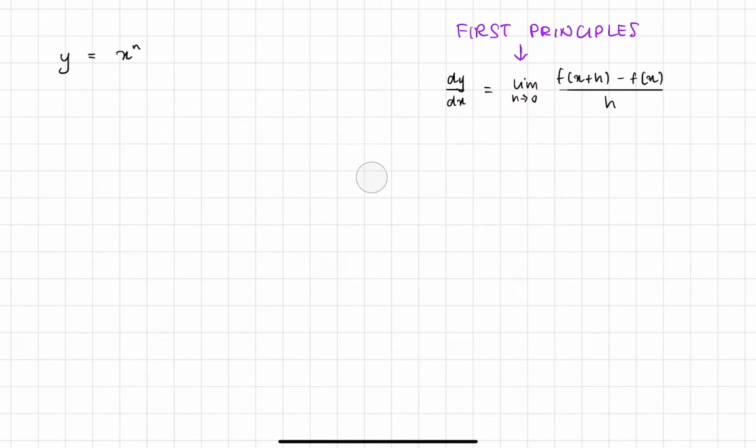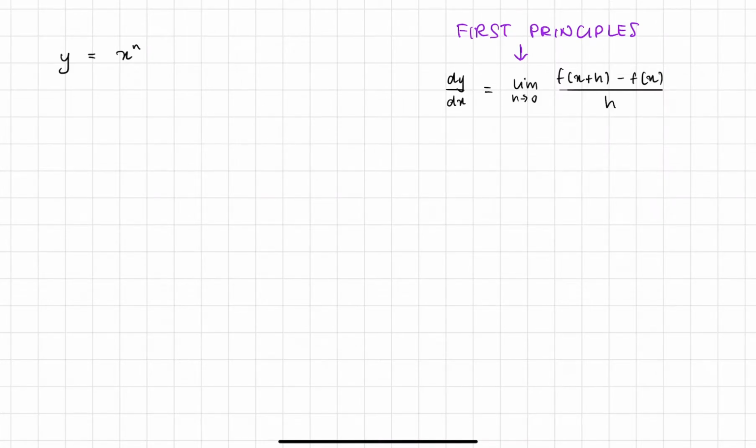And then maybe we can find a form where there'll be some sort of pattern and we know how to differentiate really quickly. Okay, this is how formulas kind of get made, where we just make a really general letter like n, and say it could be anything. So let's try to differentiate x to the power of n using first principles and see what we get.